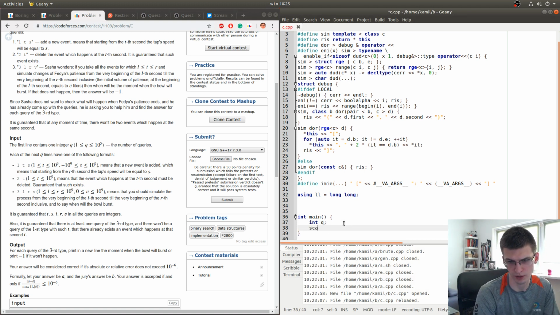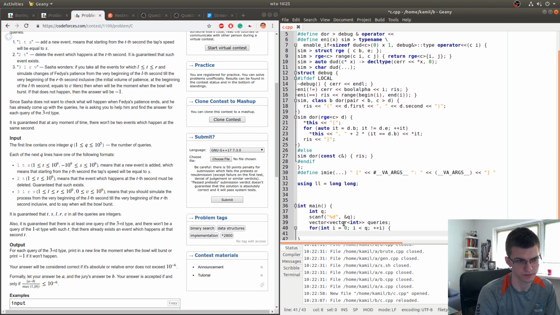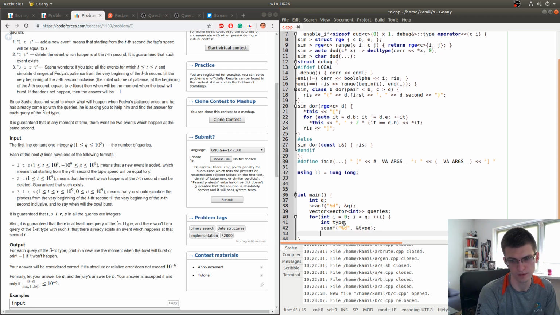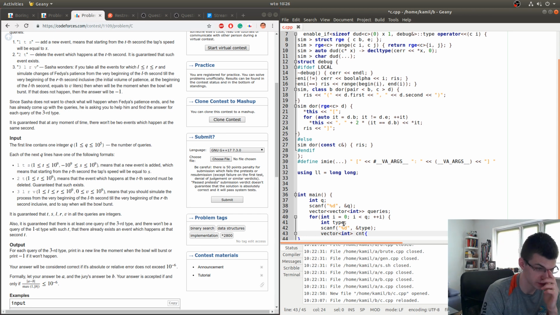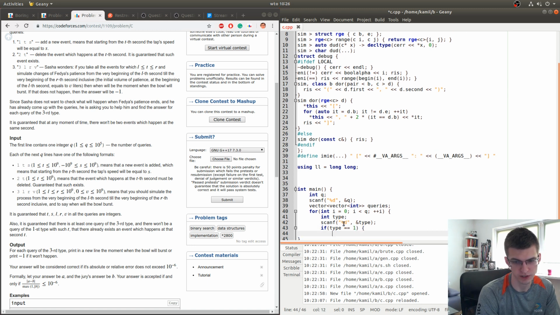So let's read the input, the number of queries. Then the queries are what? Vectors. Let's read the whole line. So type, and for every type, let's do something separate.